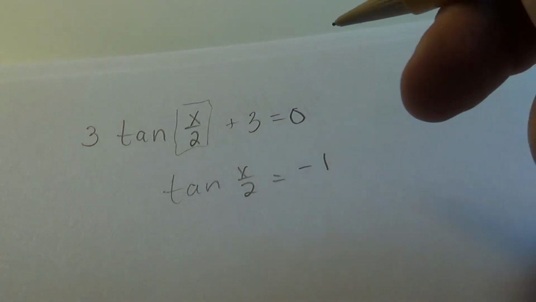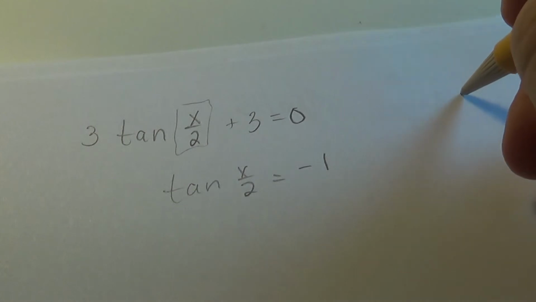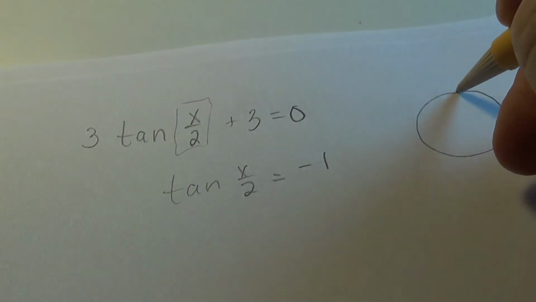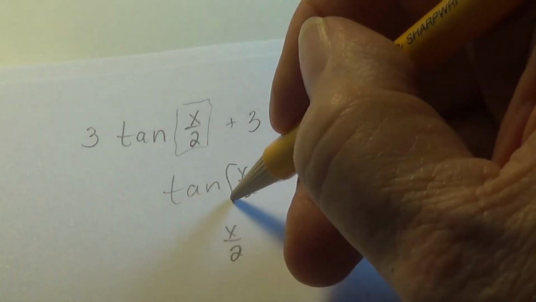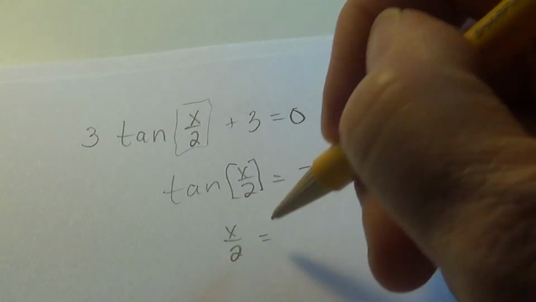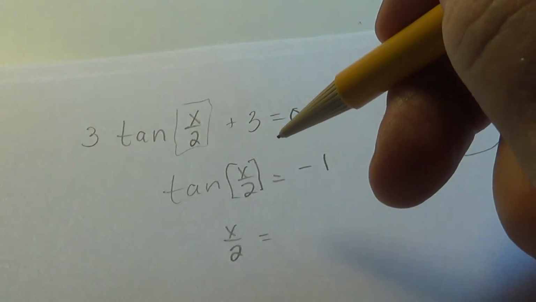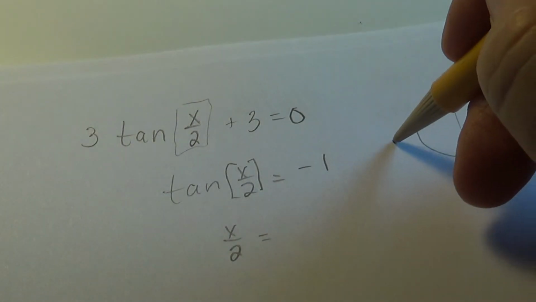And we're done with that. So we ask ourselves, where's there a tangent of minus 1? We can't do anything with that argument; it has to stick together. So where is the tangent of an angle equal to minus 1?